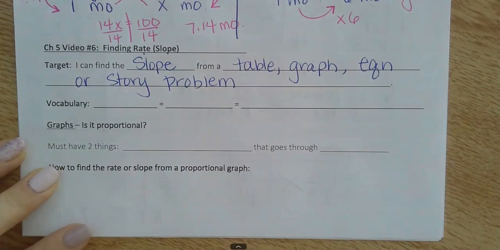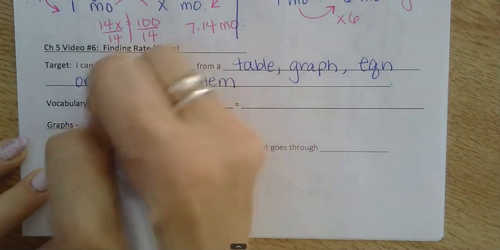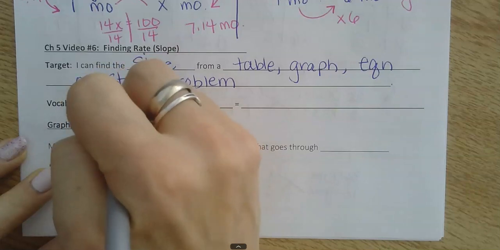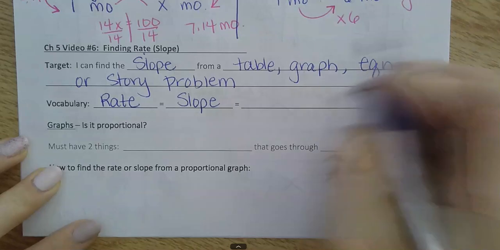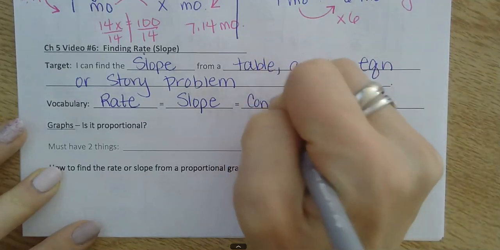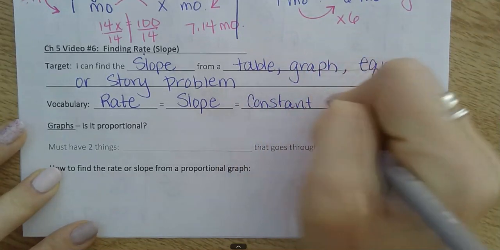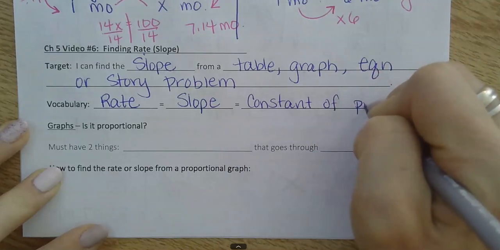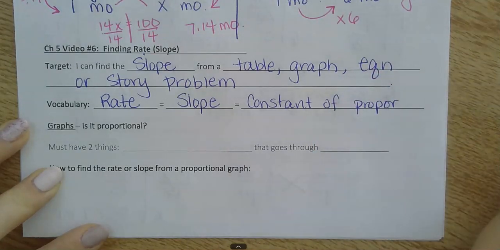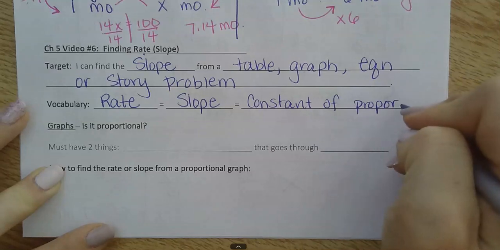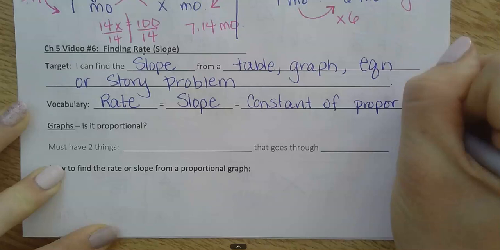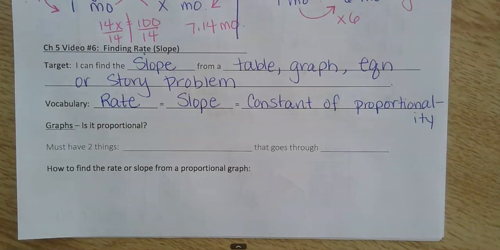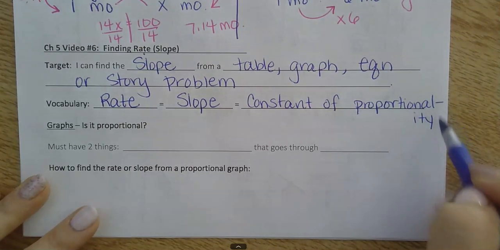Okay, so for our vocab, we kind of already mentioned it: rate and slope and what they call a constant of proportionality. Proportional, and then proportionality. It's a big, long, and ugly word, but proportionality.